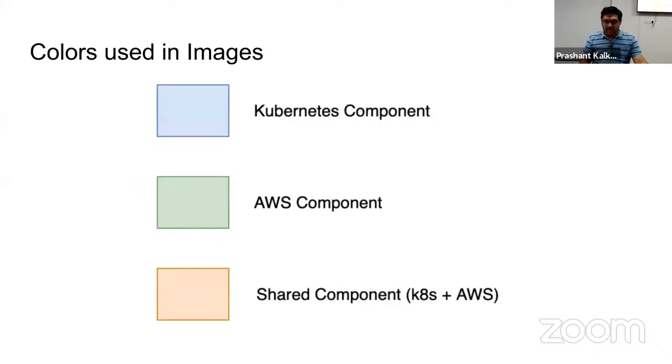And anything that is marked with orange is essentially a shared component, which is a mix of Kubernetes as well as AWS. In this case, the example will be the nodes. A node is actually an EC2 instance, but it is also a node which is part of your Kubernetes cluster.